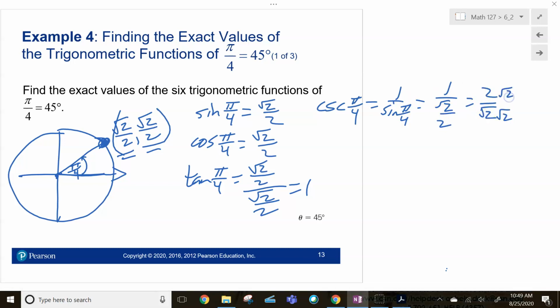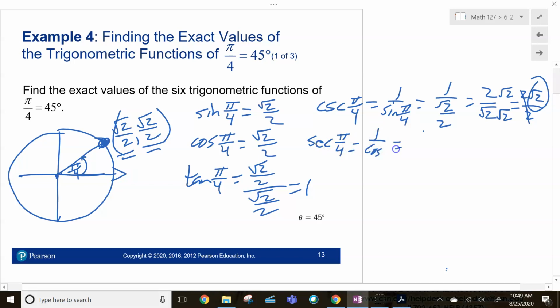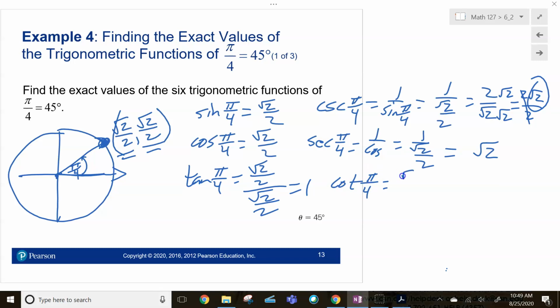Rationalize that, and it's just root 2. Secant of pi fourths, 1 over cosine, same thing, you'll end up rationalizing that. Cotangent of pi fourths, we've got cosine over sine. Okay, there it is for pi fourths.